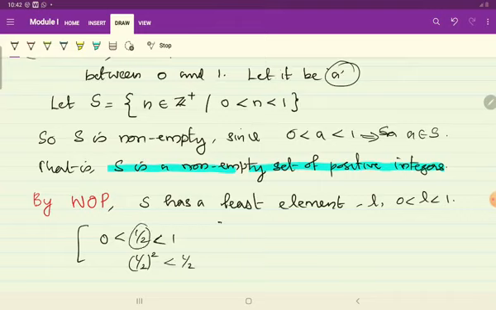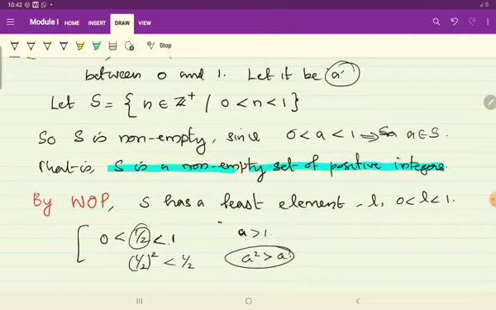If there is a number between 0 and 1, its square will be less than that number. For any number greater than 1, the square must be greater than the number. But if the number is between 0 and 1, then its square will be less than that number. Okay, so keep in mind these things.